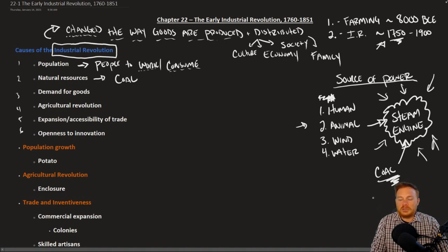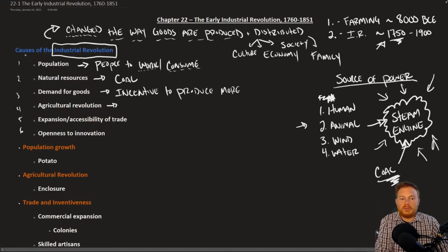Some parts of the world just don't have the resources there. All these other preconditions could be met, but without coal, it's not going to be possible. Demand for goods, that is the incentive to produce more. You need to have somebody to buy all the things made by the steam engine.